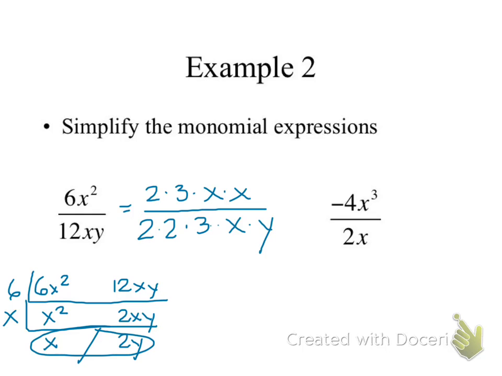Here's a fraction equal to 1. Here's a fraction equal to 1. Oh, I totally bypassed the 3. There's a fraction equal to 1. So what do you have left? 1 times 1 times 1 times x over 1 times 2 times 1 times 1 times y, so 2y. Either way, your answer in simplified form is x over 2y.